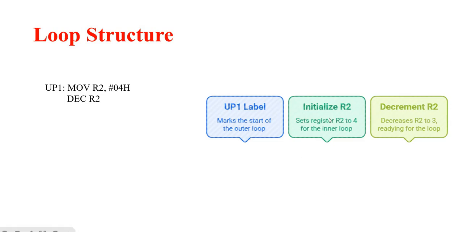Here it will initialize R2, that means it will set the register R2 to 4 for the inner loop. Then DEC R2. So this decreases R2 to 3 and this will be used for the inner loop, okay.